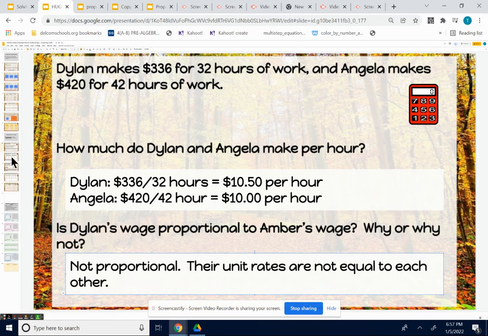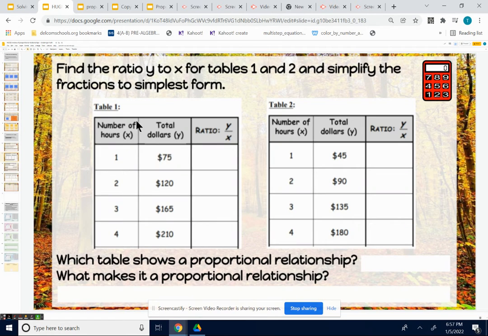Since we're already talking about this, on the next slide, slide 11, you want to find the ratios y to x in both of these data tables, and figure out whether these are proportional or not. So let's look at table 1. After 1 hour, someone's making $75.